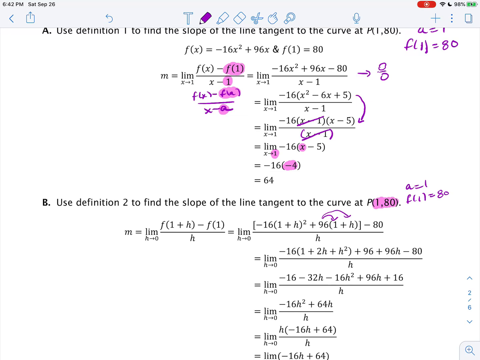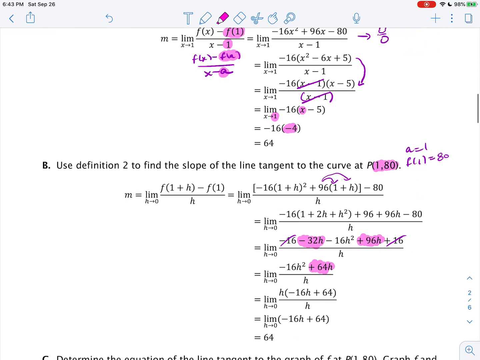Distributing the negative 16 through the polynomial, and then finally collecting or simplifying, we see that minus 16 plus 96 minus 80 goes away, and we can combine minus 32h plus 96h gives me 64h, right? And we still have the minus 16h squared.